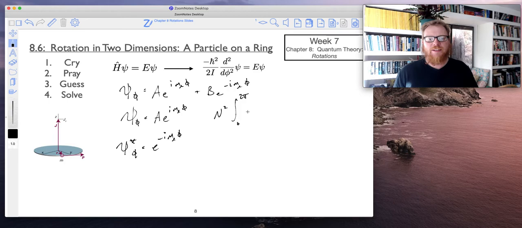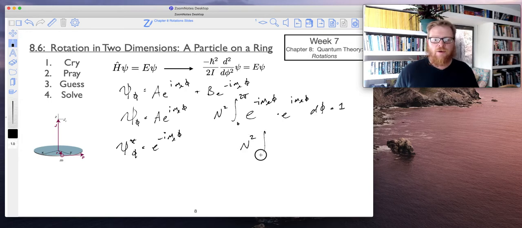So now when I go to plug these in, it's going to be e to the negative i m_l phi, I'll do the conjugate first, times e to the i m_l phi, d phi, and that all has to equal 1. Well, check out what's going to happen. These two things eliminate each other, it just becomes 1. And so now I've got n squared times the integral from 0 to 2 pi of d phi equals 1.